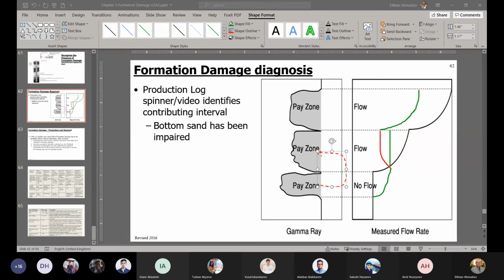That is showing the cross flow, that we are losing into another zone.